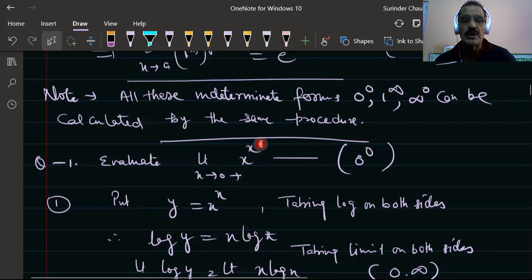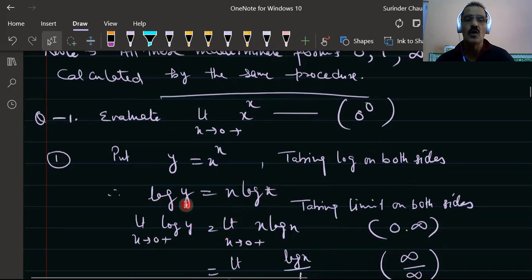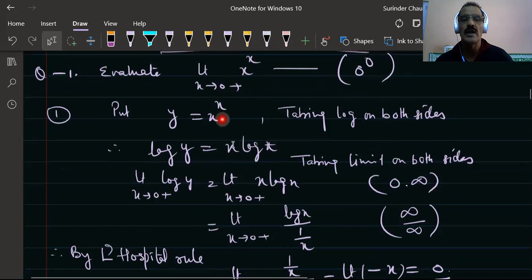Now we'll solve with the same procedure. Limit x to 0 from positive of x to the power x. What is this form? It is 0 to the power 0. You have to decide first which form it is. The procedure is the same. Let's put this equal to y. Taking log on both sides, log of y is equal to x log of x.